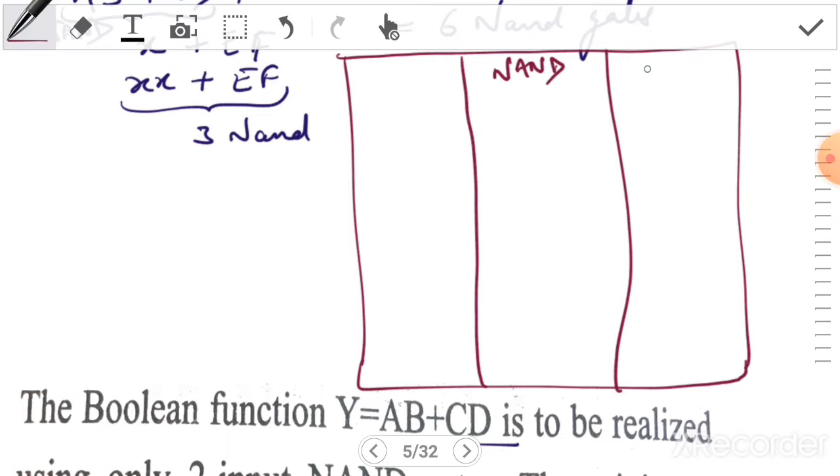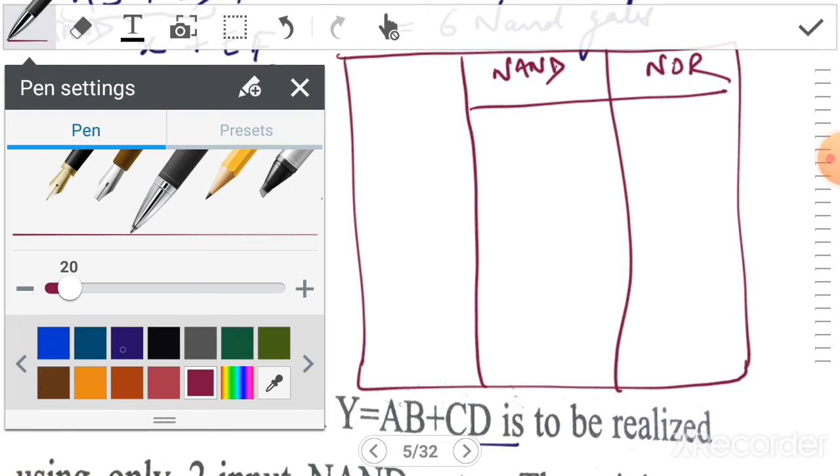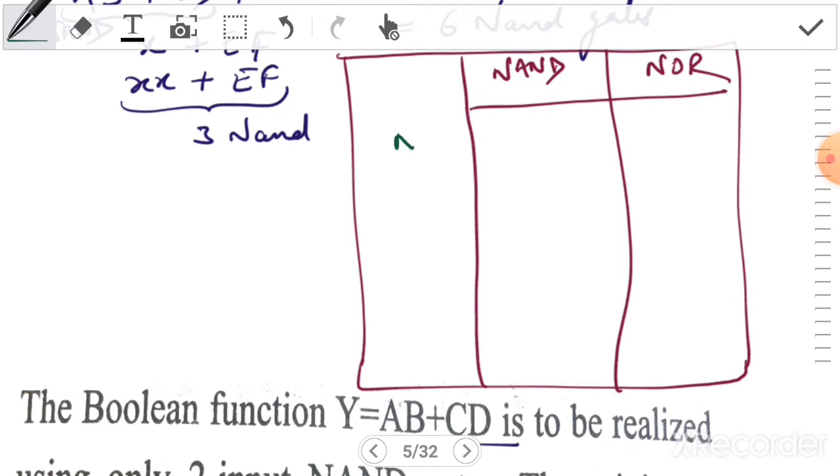NAND, NOR means the number of NAND gates required and the number of NOR gates required, for NOT gate, AND gate, OR gate, XOR, XNOR.